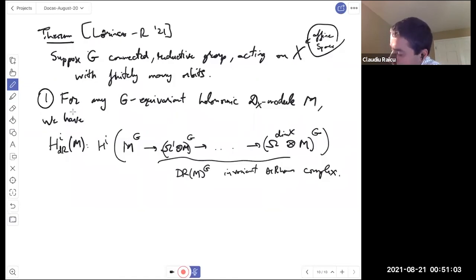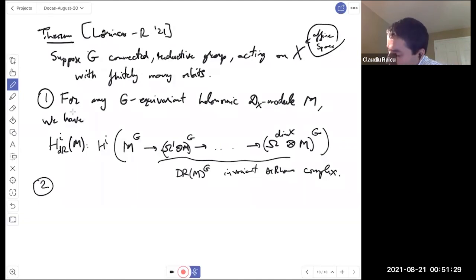This is just some general nonsense about the fact that you map to a point, computing de Rham cohomology is taking the pushforward to a point, and that map is G-equivariant, and so it's clear that G is going to act trivially on the de Rham cohomology. So basically, you can just first take invariants and then compute cohomology.